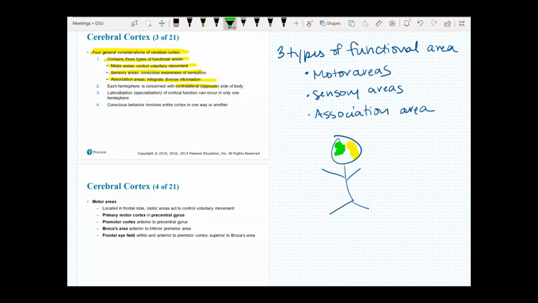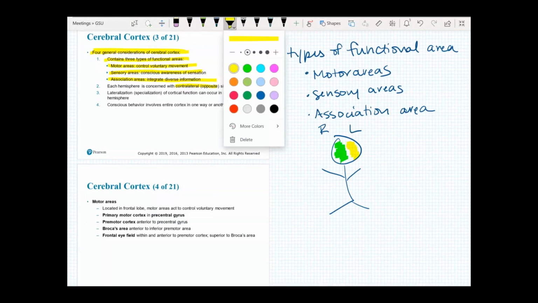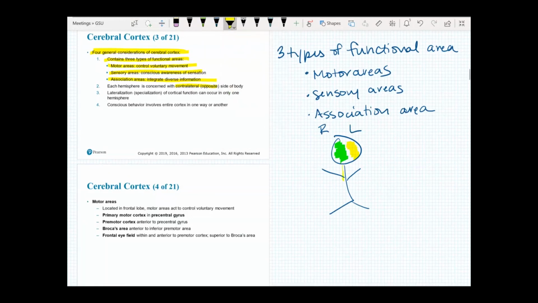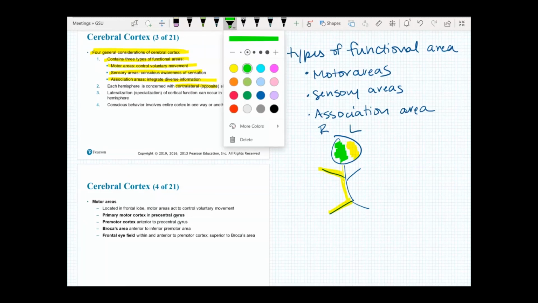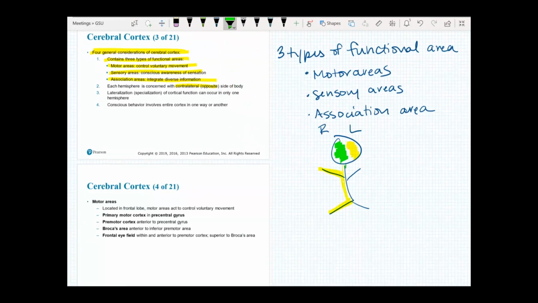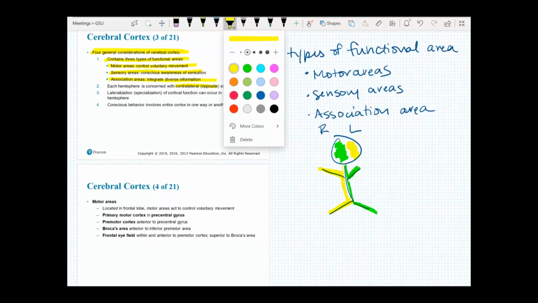If this is the left side of my brain, it is actually controlling all of the pieces of the right side of the body. So left side of the brain, right side of the body. This is what we mean by each hemisphere being concerned with the contralateral, or the opposite, side.